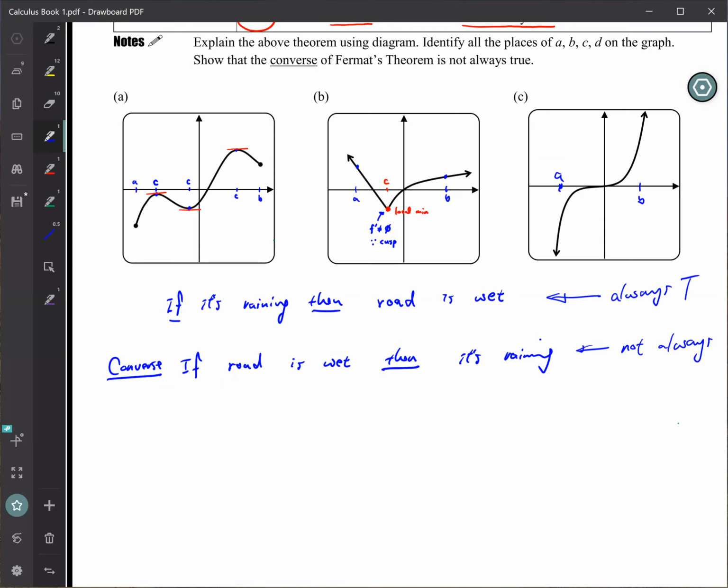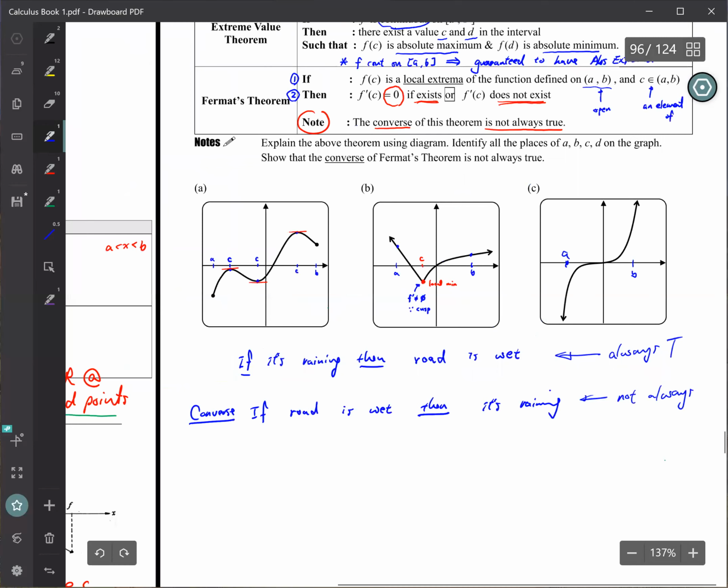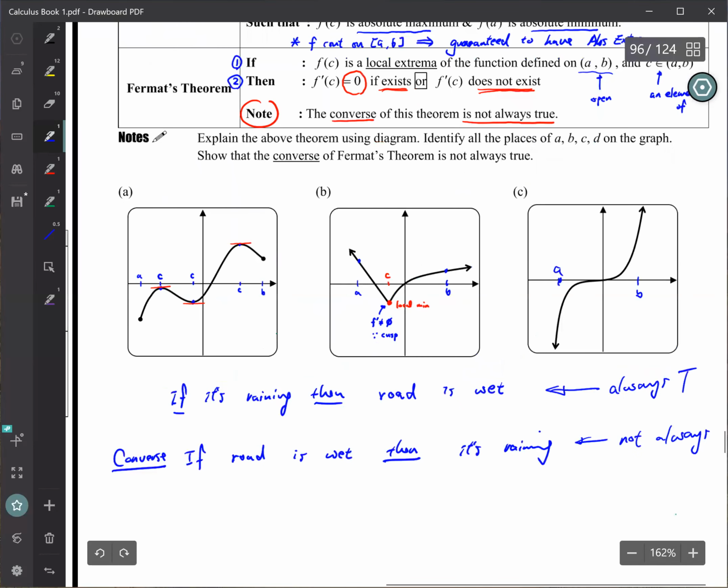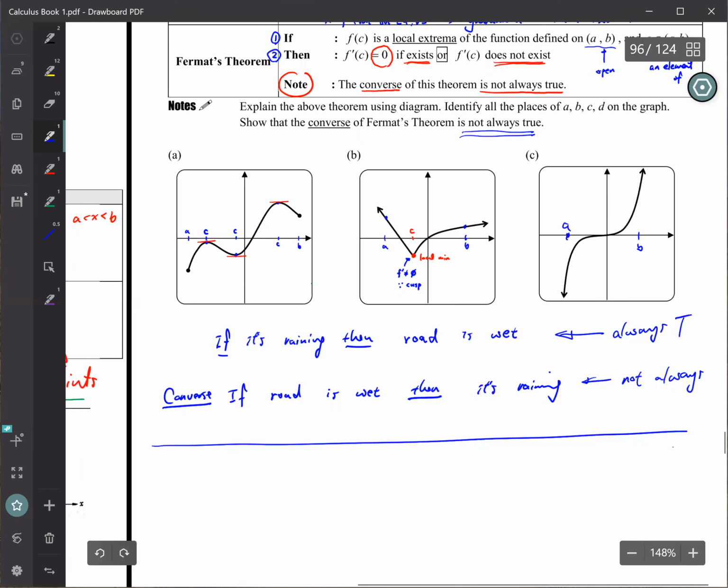So right now it's saying that the converse of the Fermat is not always true. Let's write down what it sounds like then. The converse of Fermat: if the slope is 0 or the slope does not exist, then it's local.